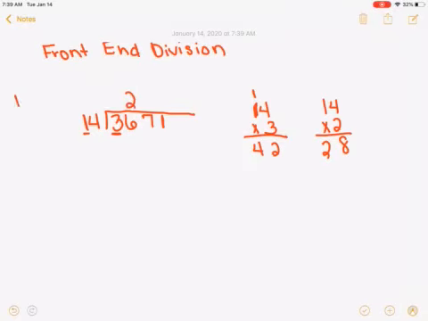Okay, so we still are doing our algorithm, our acronym. Okay, so we divide. Now we multiply. So we see that 2 times 14 is 28. Okay, so we just multiply. And now we subtract. Okay? So I put 28 in my head, and I count up from 28. So 29, 30, 31, 32, 33, 34, 35, 36.